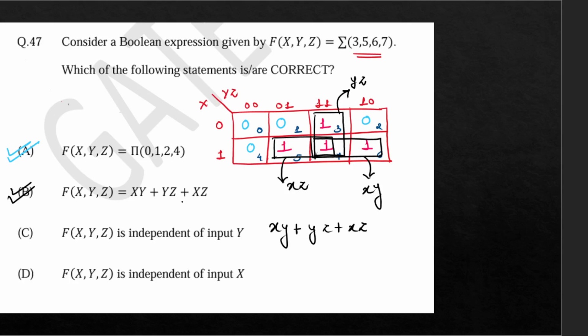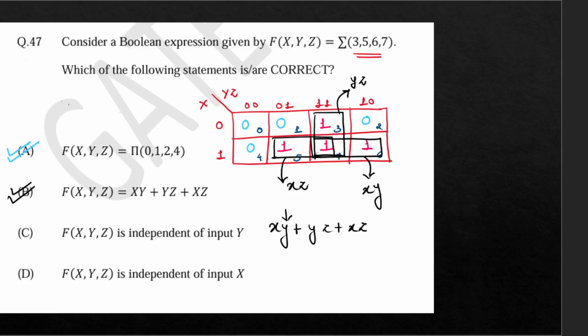Now let's talk about C and D. Okay, so C and D options are not correct, because option C says the function is independent of input y, but here y is present. So how can it be independent? It is definitely dependent, because the minimized expression is not independent of y.